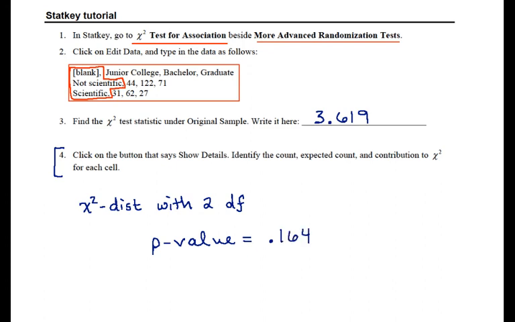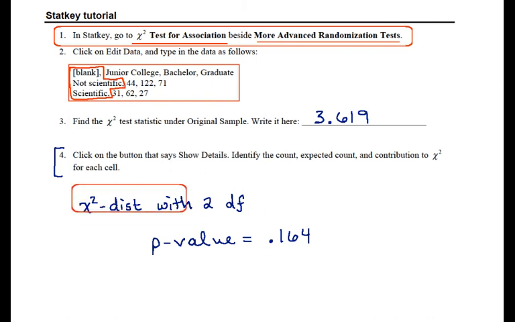So this is how we would get all of the information that we spent a little bit more time doing partially by hand using StatKey instead. With these multiple comparison tests, get in the habit of going to two different screens. You first go to a screen for your test where you get your test statistic and some more detailed information.